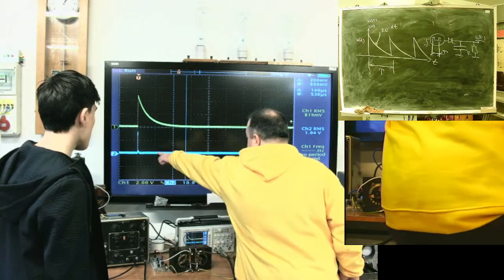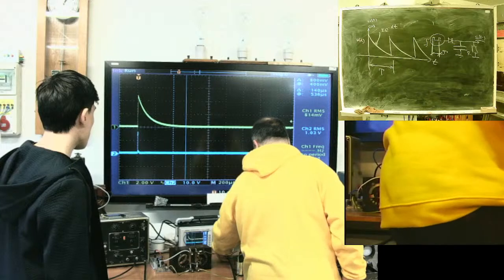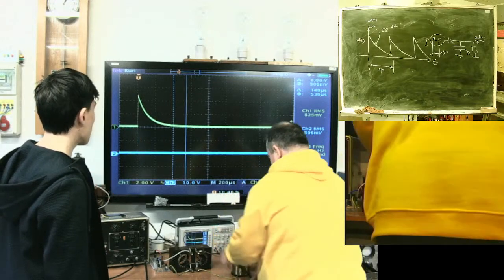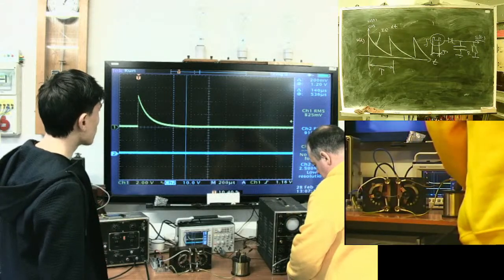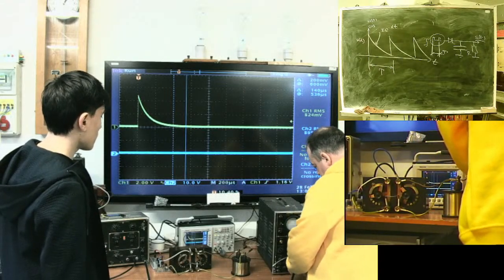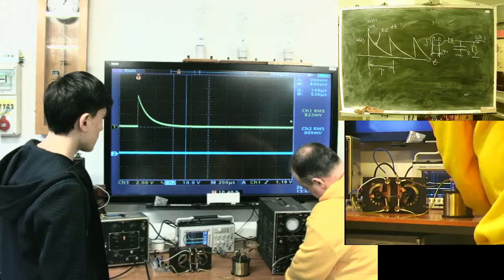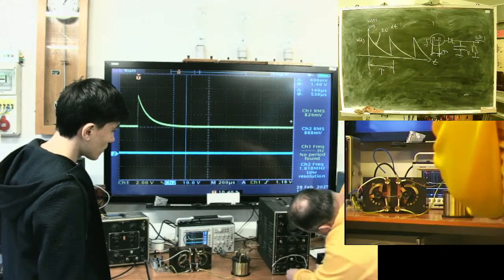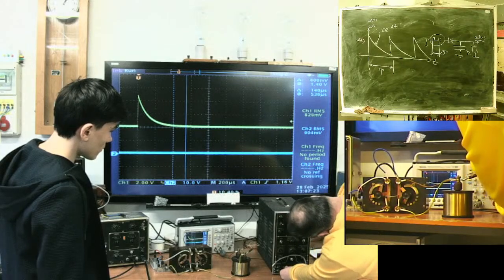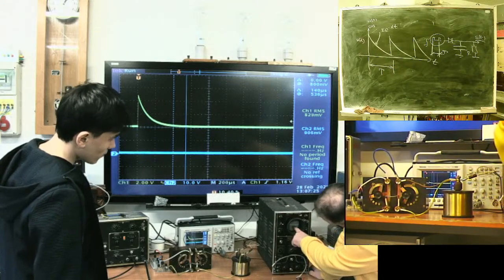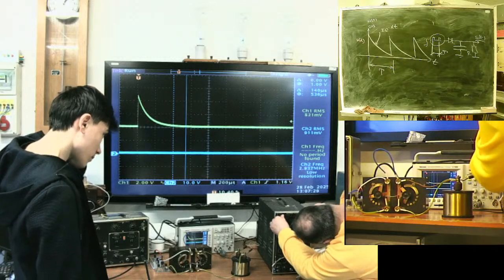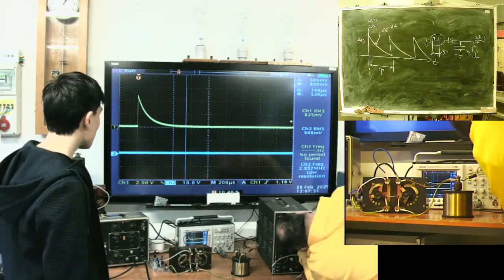Here, the scope sees only one. Yes, it identifies the period and measures 2. And what about what's here? Here there's 1, 2, 3. It's very narrow.